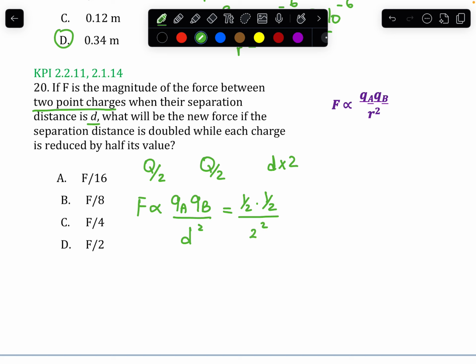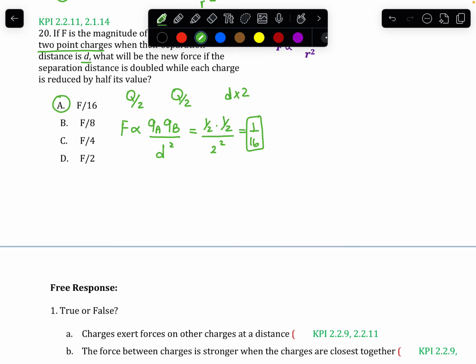So that's the change that I have. It will be 1 over 16. So F will be reduced to one sixteenth.